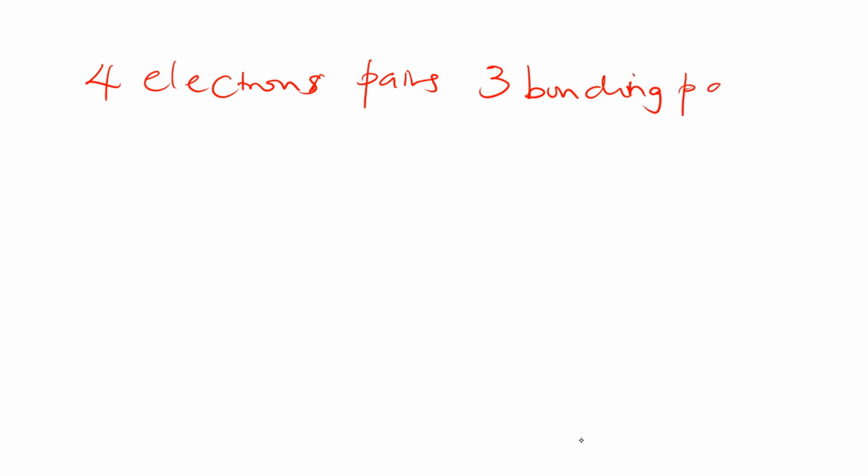What if the molecule has 4 electron pairs, but in this case 3 bonding pairs and one lone pair? What happens in that case?